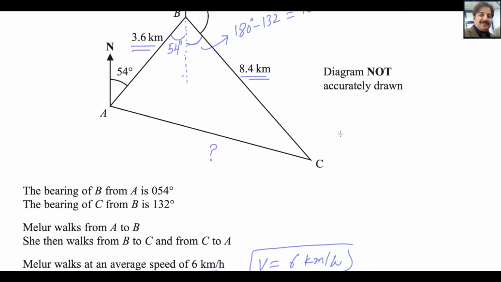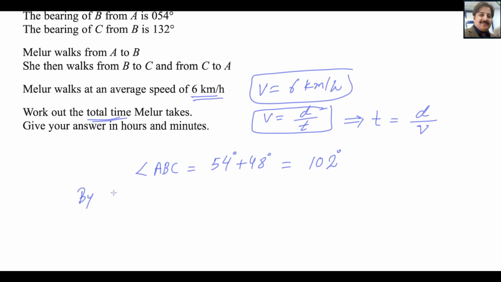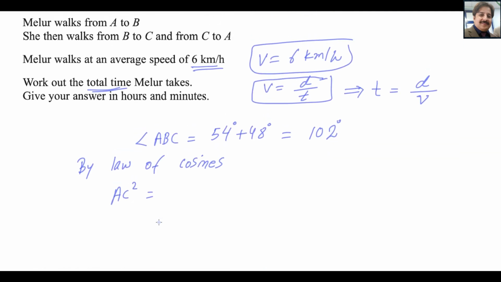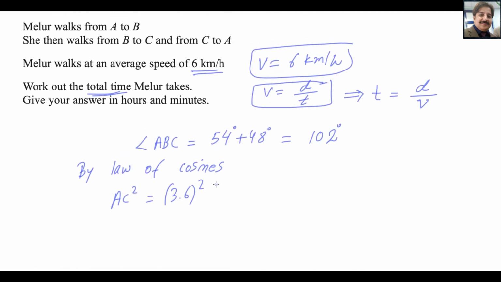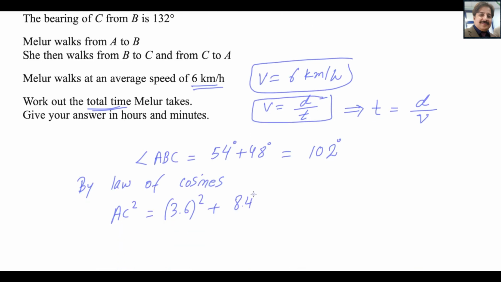Now you can use the cosine law because we have the angle. By the law of cosines, AC square will be equal to the squares of the other two sides, so 3.6 square plus 8.4 square minus 2 multiplied by 3.6 and 8.4 and cosine of 102 degrees.